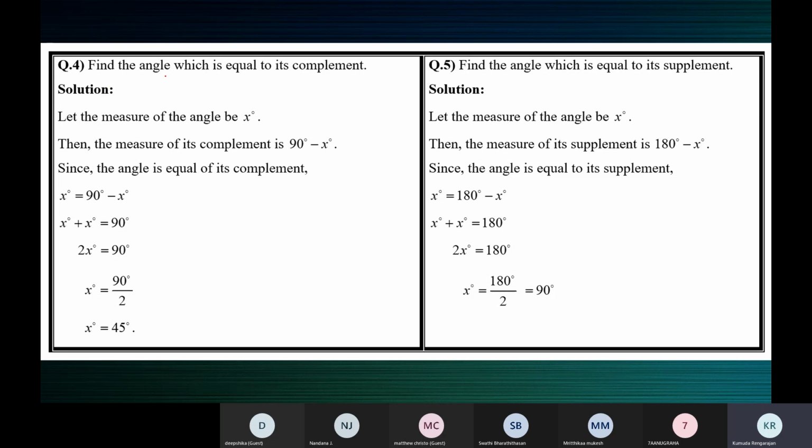Read the statement. Find the angle. So we don't know the angle. Let that angle be x, which is equal to its complement.